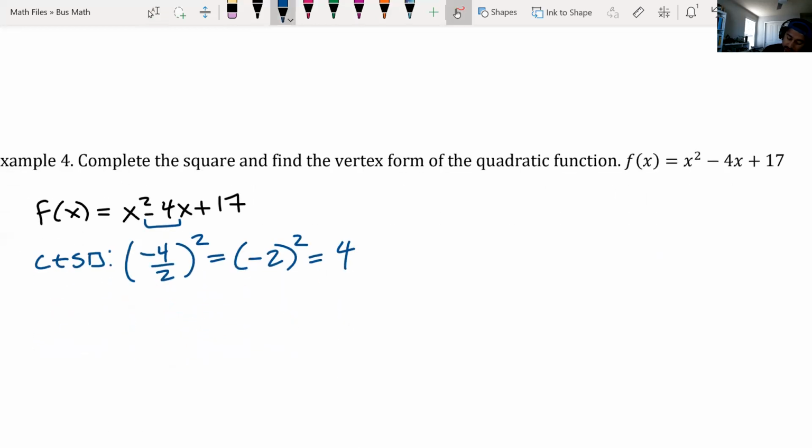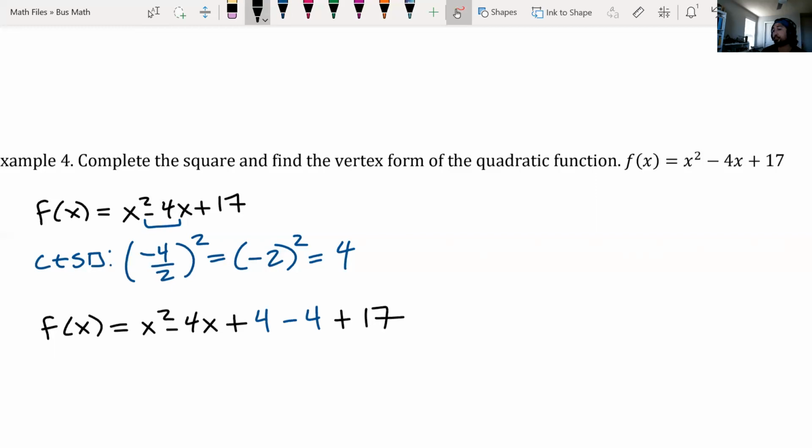Okay. Now when I move to the next line, we're going to have x squared minus 4x plus, and like I said, since this is a function, you are going to add it and subtract it on the same line. So you're going to get x squared minus 4x plus 4 minus 4 plus the 17 that was there already.